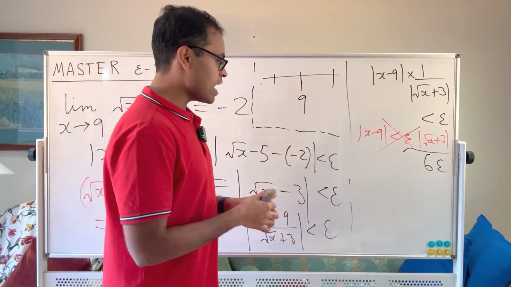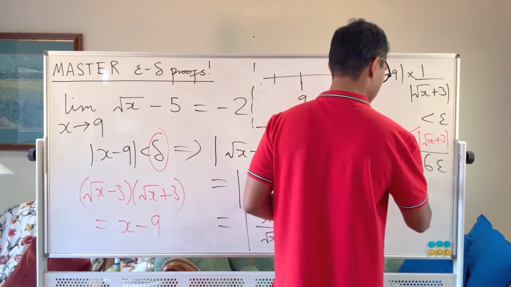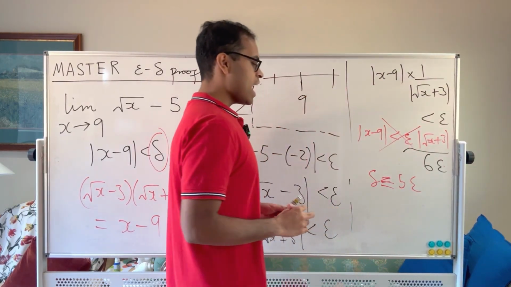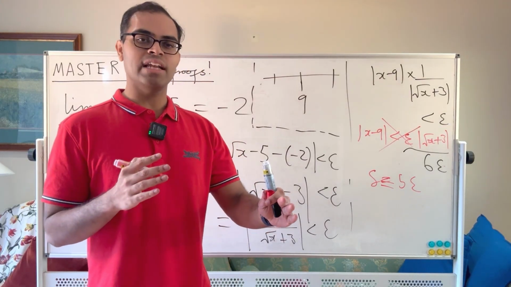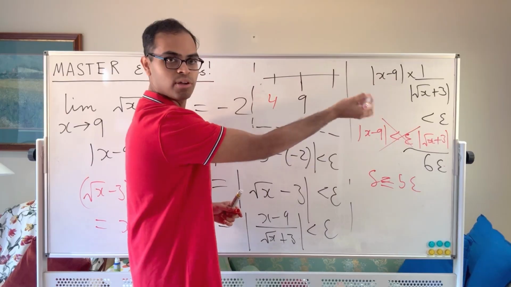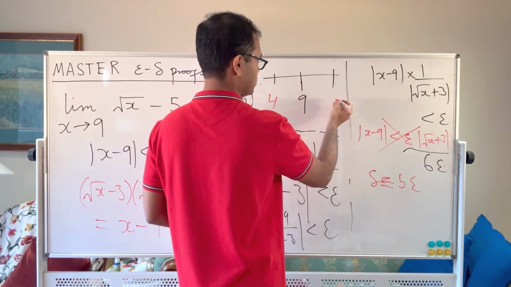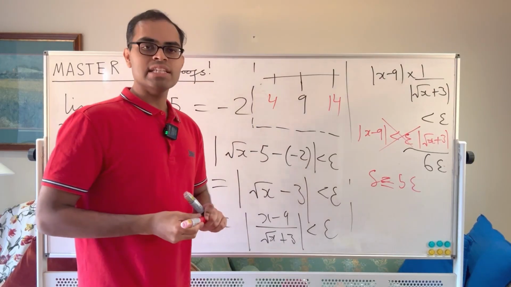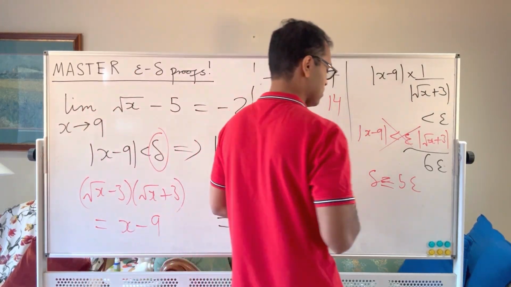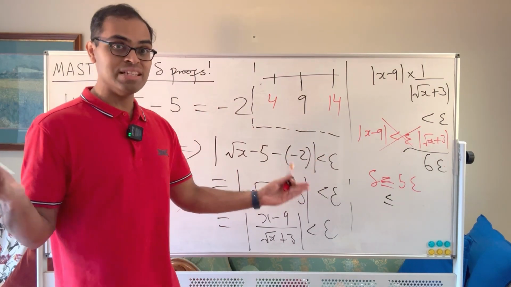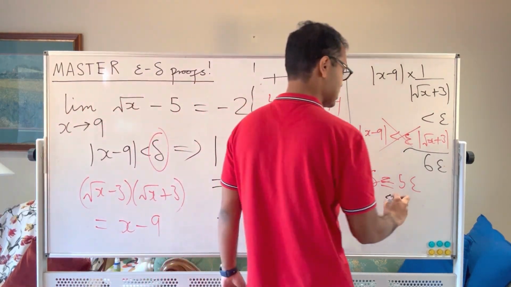So let's just take our delta to be equal to 5 epsilon. We want it to be less than or equal to 5 epsilon, and we also want it to be small enough that it's within the range of 4 to whatever. It doesn't matter what we go to on the right, but we want our interval to be symmetric, so 4 to 14 or whatever. So we can just take our delta to be less than or equal to 5 epsilon, and we have the power to make delta as small as we need to ensure our end expression is less than epsilon.